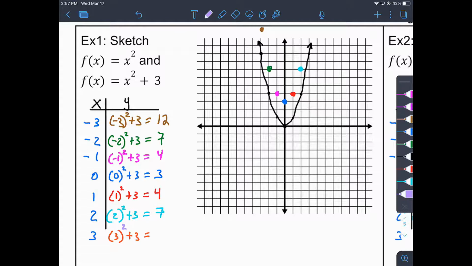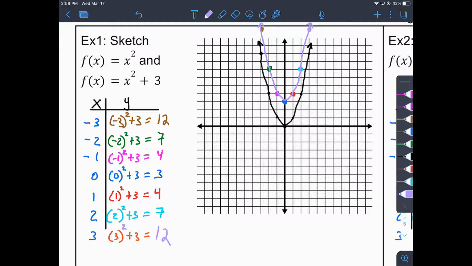There we go. 3 squared, which we know is 9. And when we add 3 more to it, that gives us 12. Kind of this lavender color. I've got to go forward 1, 2, 3, and up to position 12, which again is off of our graph. But it's the same height as that other brown point. So now we've got this final result, which I will attempt to draw.